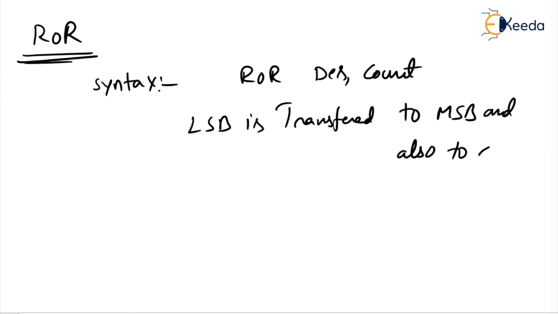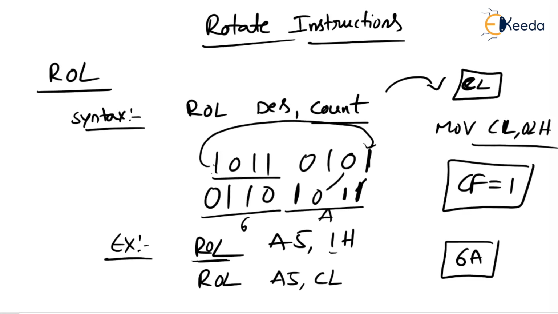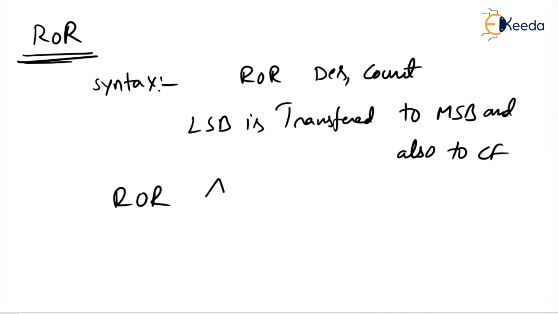Remember, also to the carry flag. Right? ROR A5, 1H. A5 means how much? 8 4 2 1, 0 1 0 1.